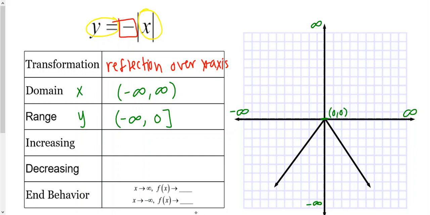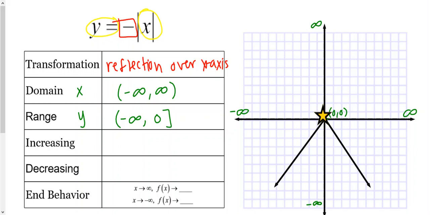All right, then we have increasing and decreasing. So remember, we're starting on the left, and all we care about are the x values. So the farthest left was negative infinity. So from negative infinity, I'm going to go up. I'm actually increasing first. So I'm increasing to my vertex where I have an x value of 0.